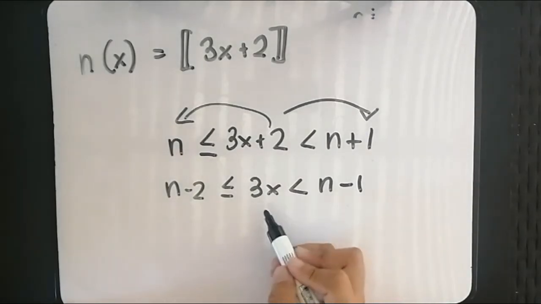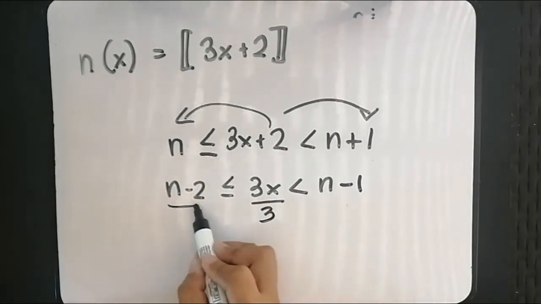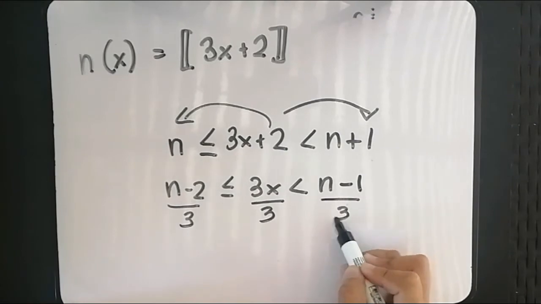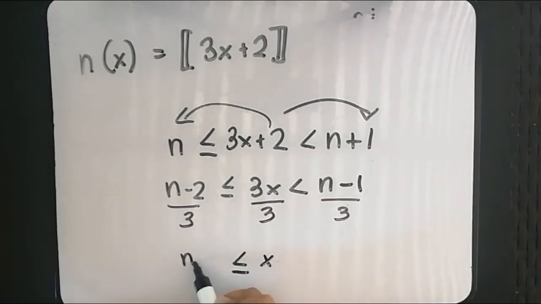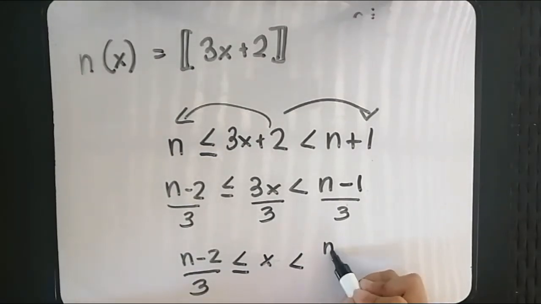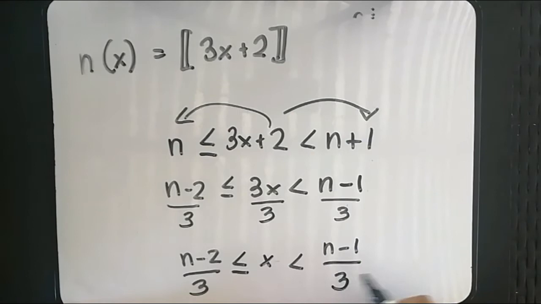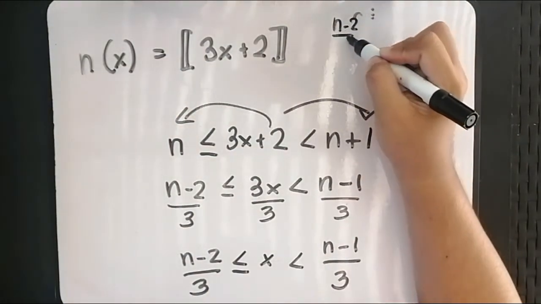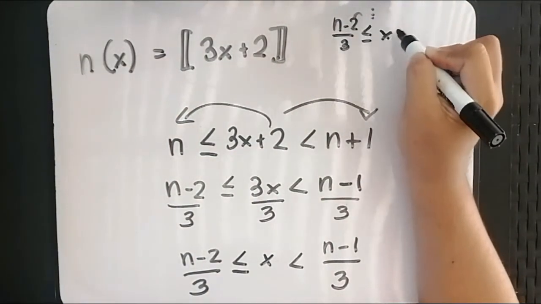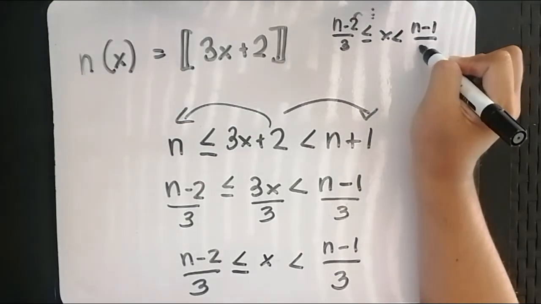Again, kailangan x lang yung maiwan sa gitna. So we divide everything by 3. So we have x now is greater than or equal to n minus 2 over 3 but less than n minus 1 over 3. Okay? So we have n minus 2 over 3, n minus 1 over 3.